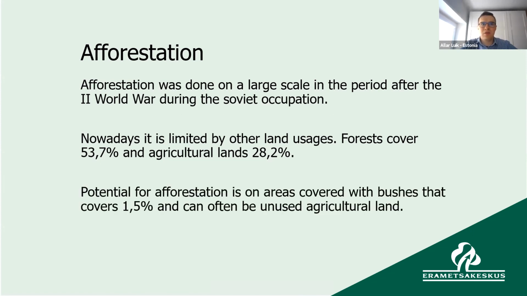However, there is a little bit of potential on some areas that used to be agricultural land but are left unused, or some places inside the forests where for some reason the forest isn't growing naturally. These areas cover about 1.5% of Estonia, and I think some of these areas could be forested in the future.